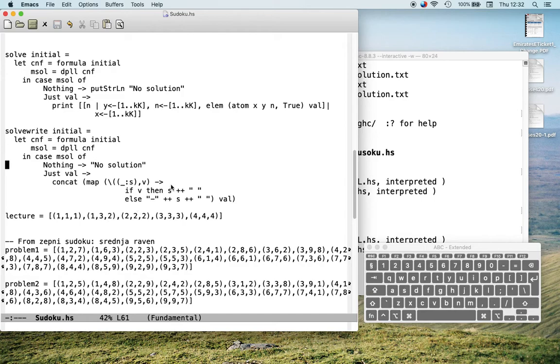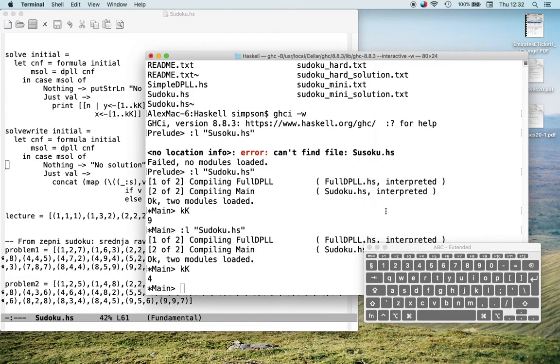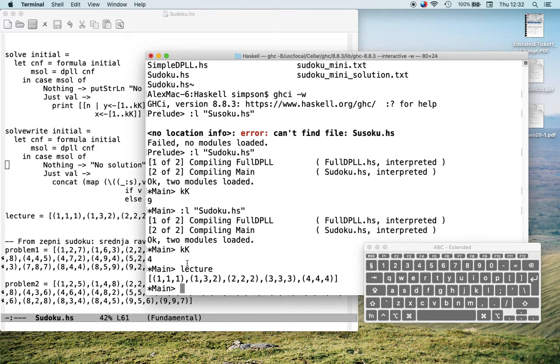And I can solve this by just saying solve, and what I want to solve is lecture. Well, just check the value of lecture, right, so there we are.